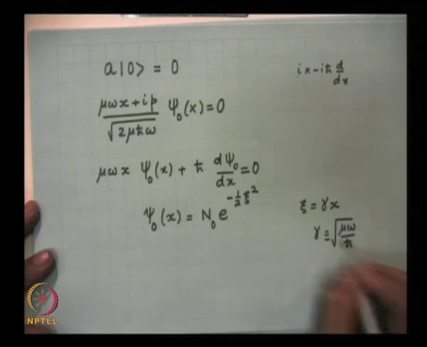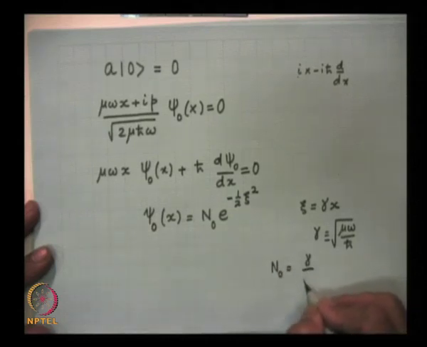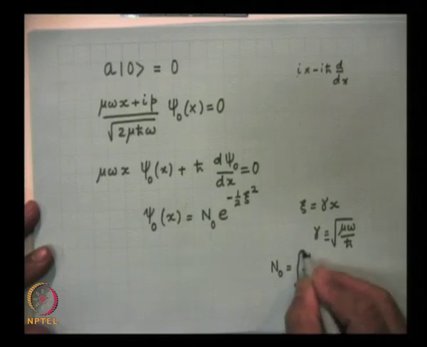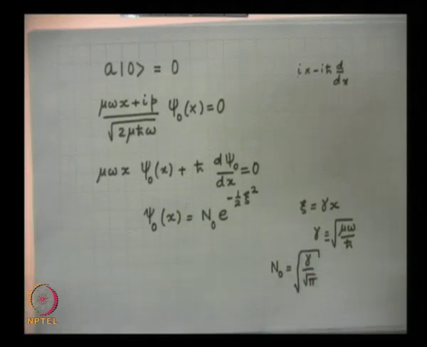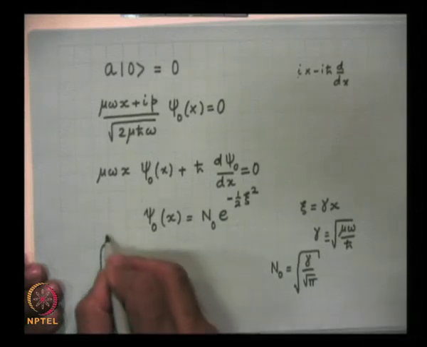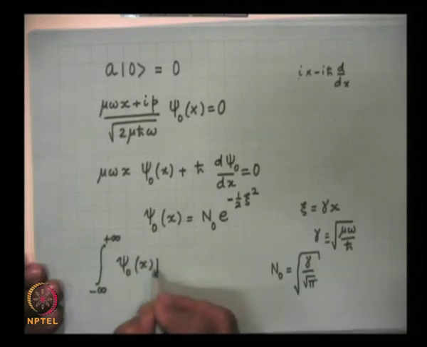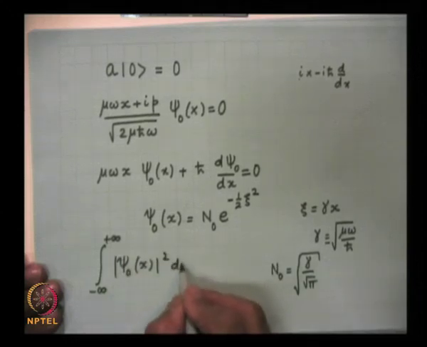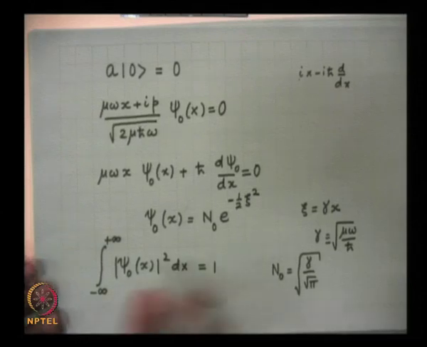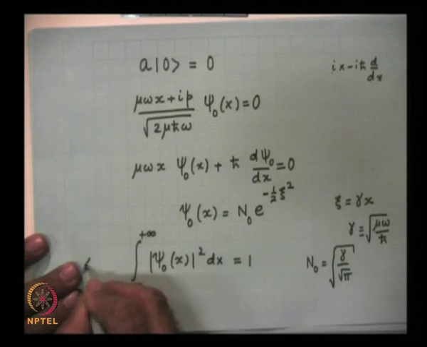defined to be equal to, and N 0 will be gamma by root pi, square root of that. If you integrate this, the normalization is with respect to x, that is minus infinity to plus infinity, psi 0 mod x whole square dx is equal to 1, and we write this in terms of the bracket algebra as bra 0 ket 0.